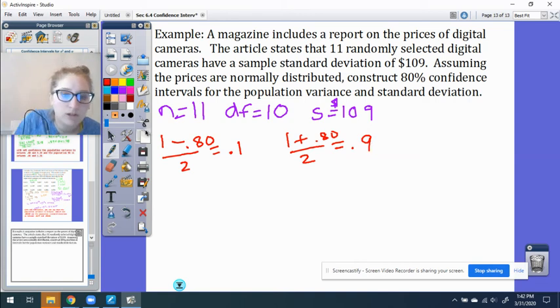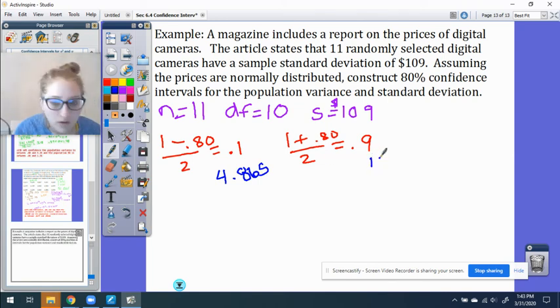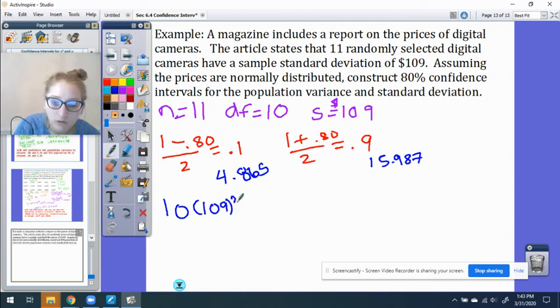All right, so then we're going to look at page A19. And page A19 is going to give us the value of 4.865 and 15.987. All right, so now we're going to plug those in. So we're going to do degrees of freedom 10 times sample standard deviation squared divided by 4.865.